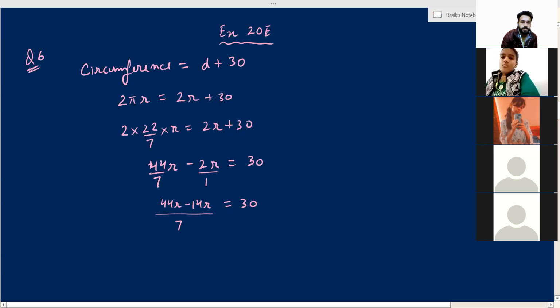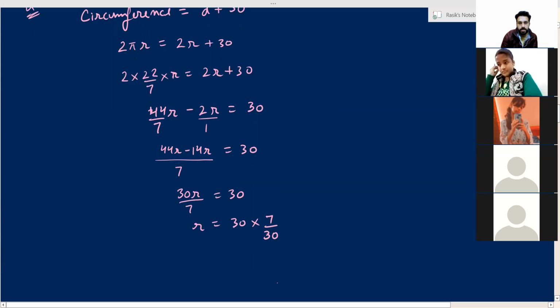Are you all getting it? Yes, sir. So it's just like linear equations. Yes. So 44r minus 14r is 30r. 30r upon 7 is equal to 30. Cross multiply, r equals 30 into 7 upon 30. 30 and 30 will be cancelled. r equals 7 centimeters.